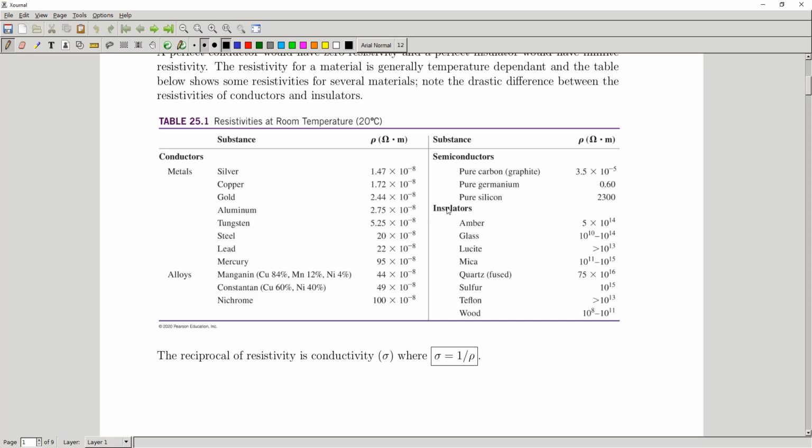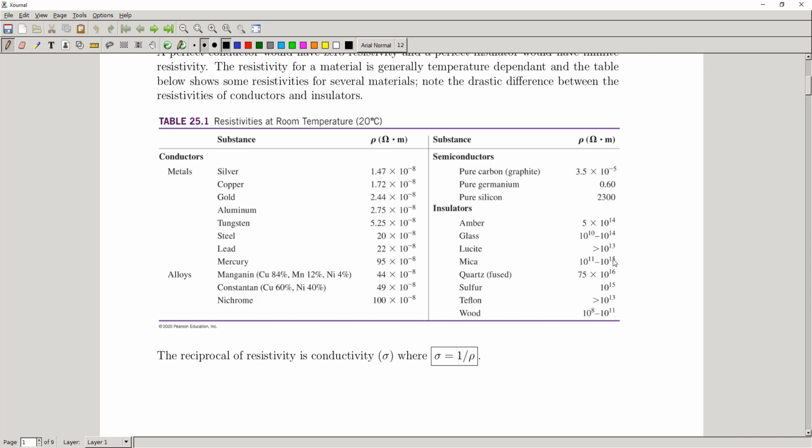You can see the massive difference in resistivity between conductors, which are all roughly on the order of 10 to the minus 8, and insulators, which have factors of 10 to the 14, 10 to the 15. So there's roughly 22 orders of magnitude between the resistivity of a good conductor and a good insulator.